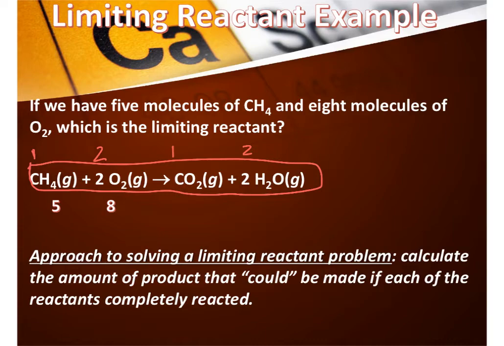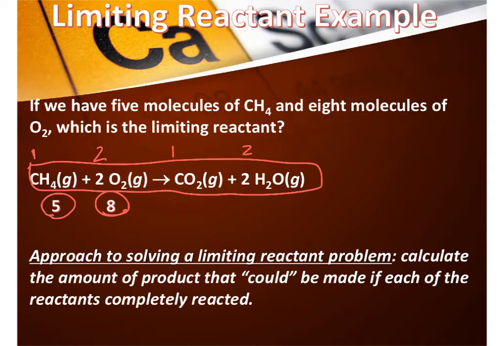But what if I skew the amounts I start with so I'm not using stoichiometric amounts? In other words, I have an excess of one and the other is a limiting reactant. So you need to be able to determine which one is excess and which one is limiting, because again, it's the limiting one that's going to determine how much product you can make.